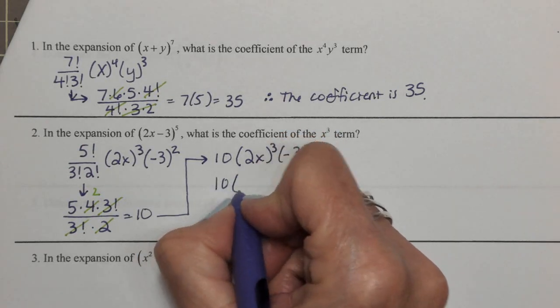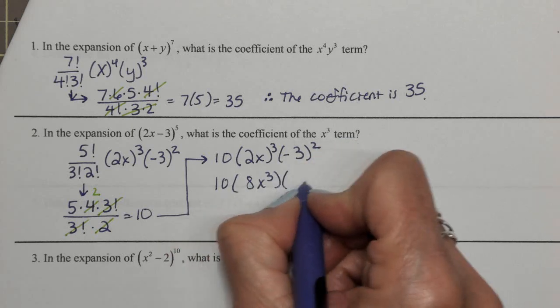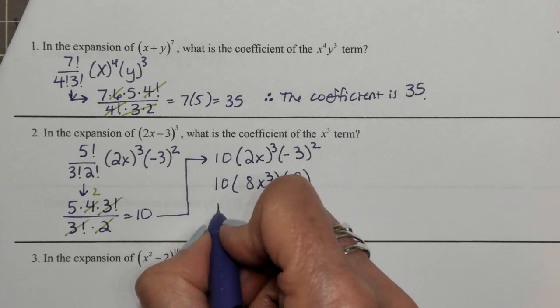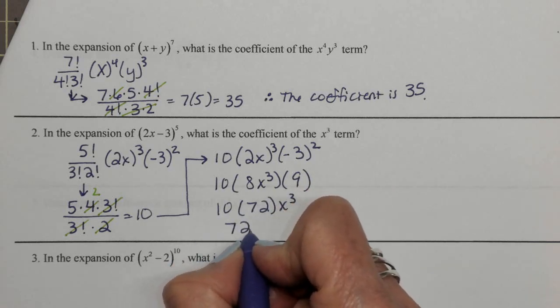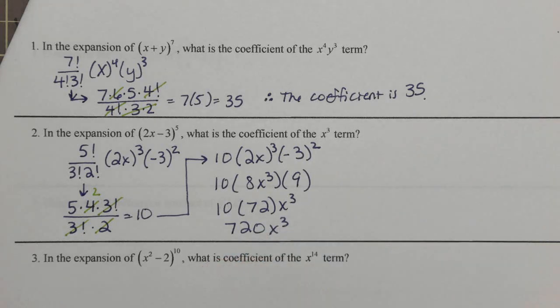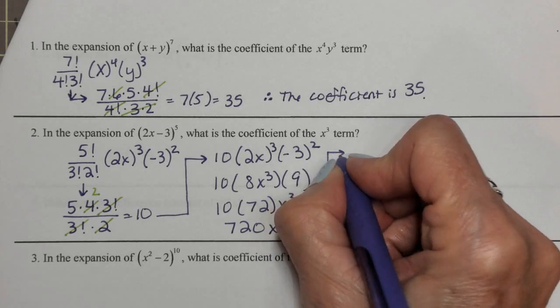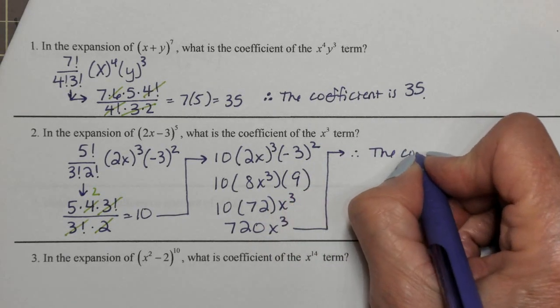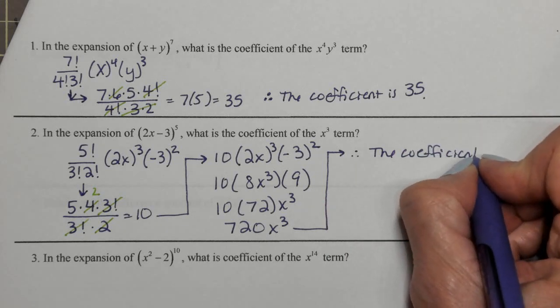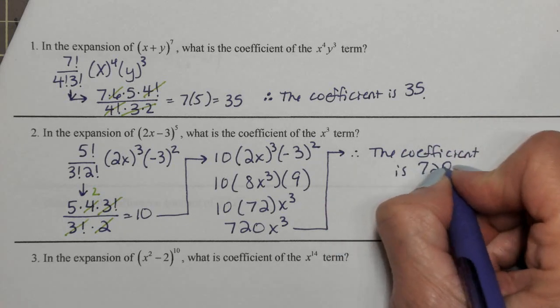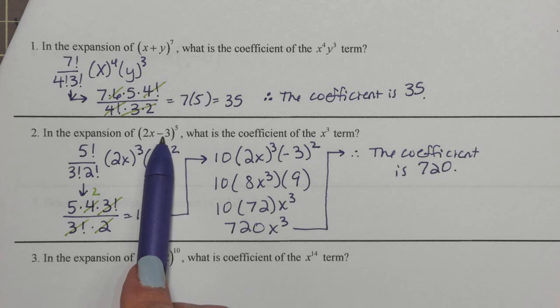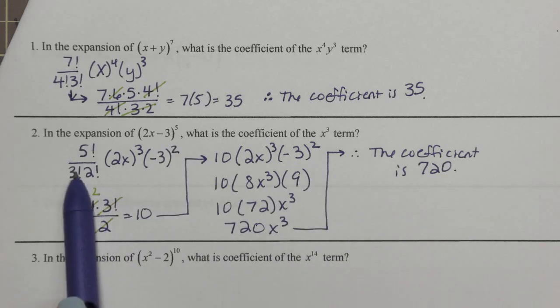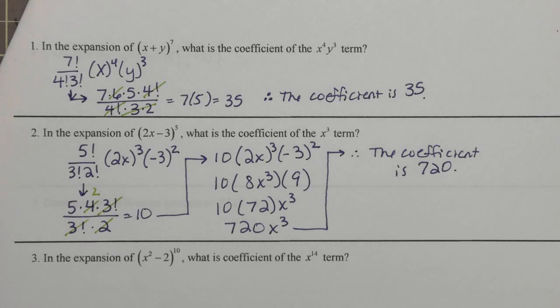Which is 10 times 8x cubed times 9, which is 10 times 72x cubed. That is 720x cubed. What is the coefficient of the x to the 3rd term? The coefficient is 720, not just the 10. When you have numbers here, your coefficient is not going to be only dependent upon that factorial expression.